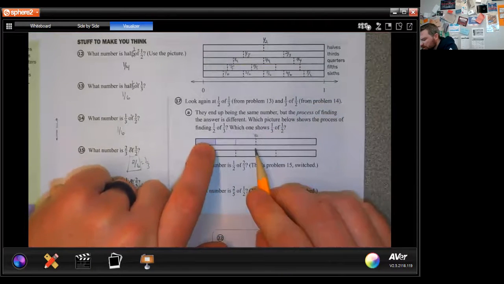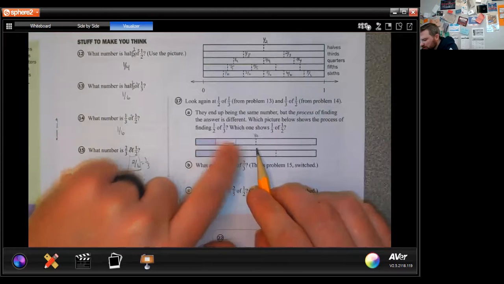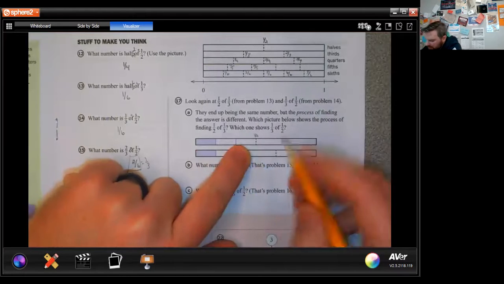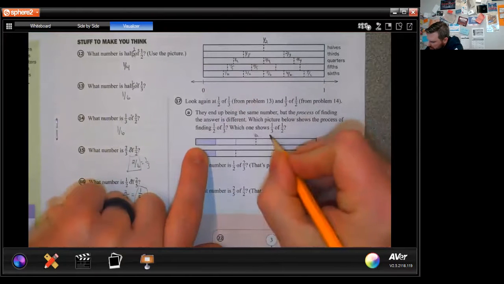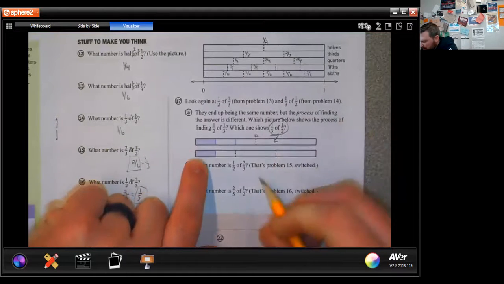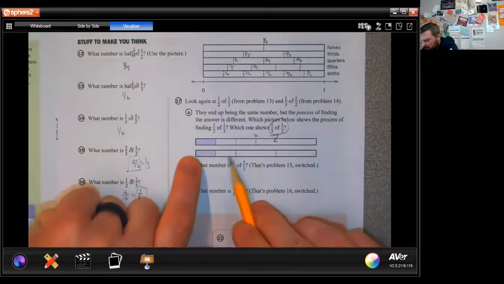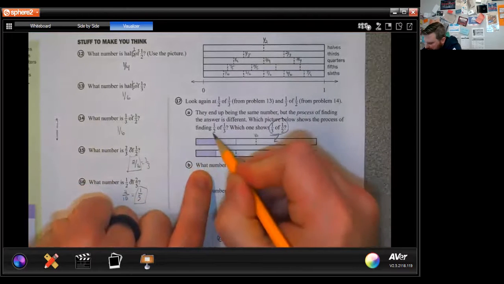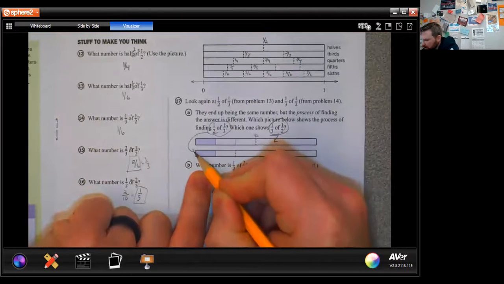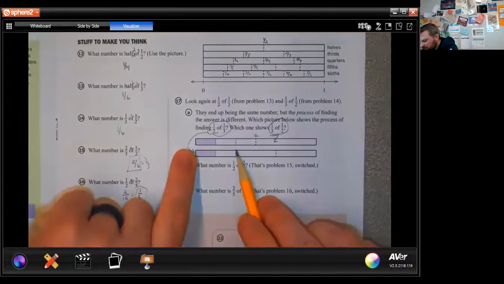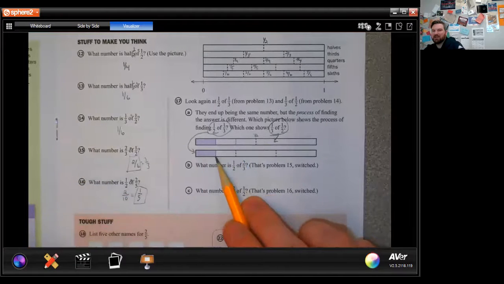So this is 1/3, thirds of a half. Which one shows 1/3 of a half? This one right here. Now this one you had thirds and you broke a third into a half. So this is half of a third, okay? Because you had a third and you took 1/2 of it.